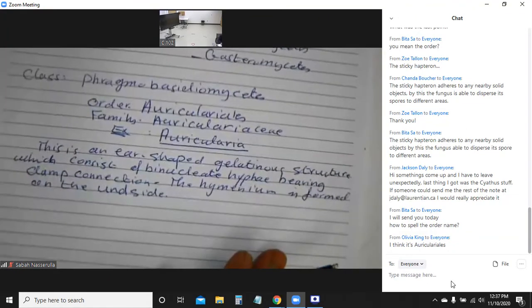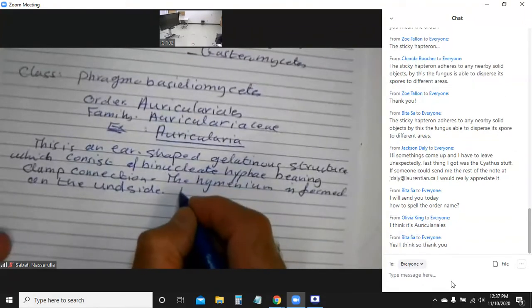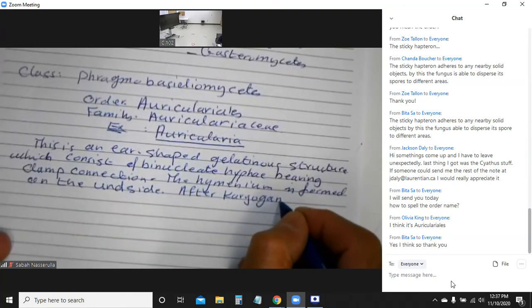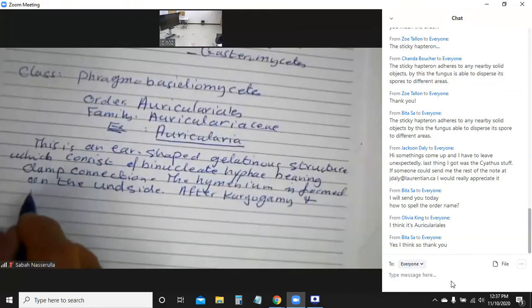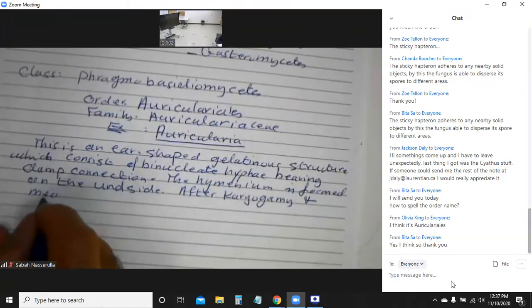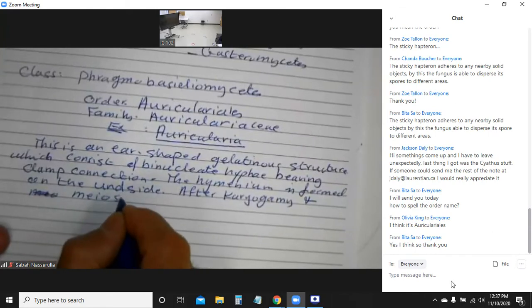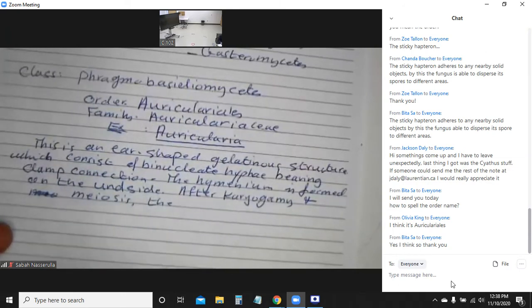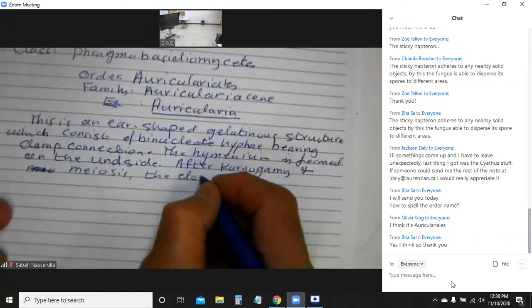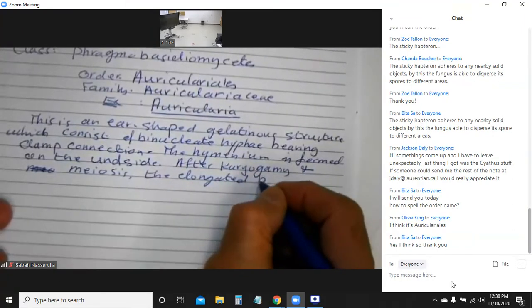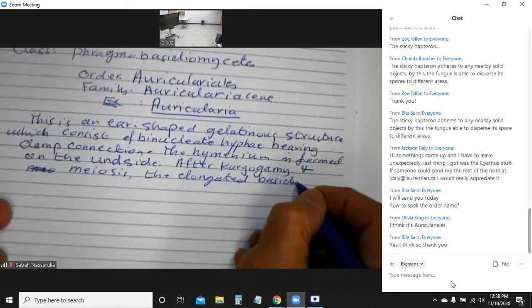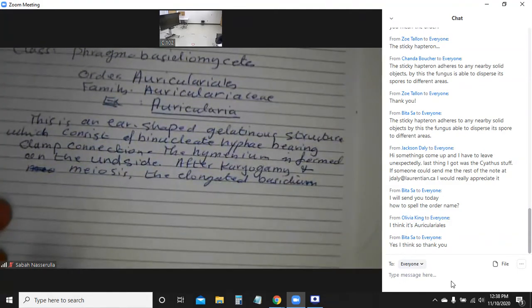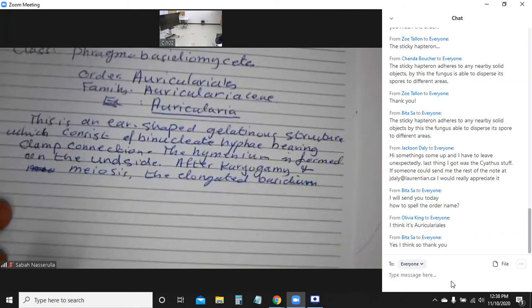After karyogamy and meiosis, the elongated basidium becomes four-celled.